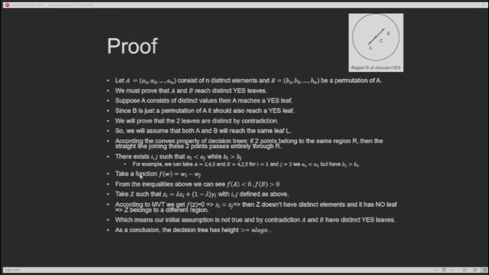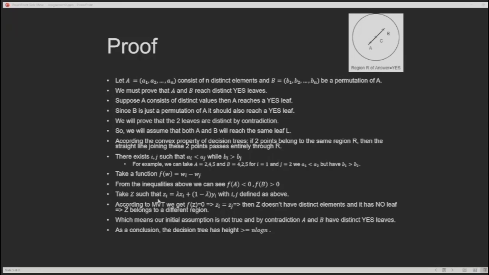To see the effect of this, we will take a function f equal to wi minus wj. So from these inequalities above, we can see that f of A is negative and f of B is positive.